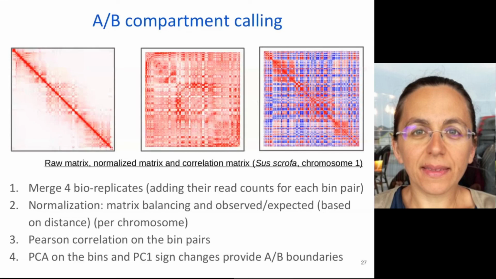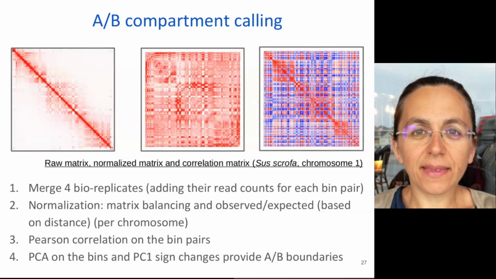We obtain the matrix in the middle, and then we compute A and B compartments a bit like how it was done in the ITC software, which simply does the Pearson correlation on the bin pairs, and then a PCA on the bins of the correlation matrix. The sign of the first PC will indicate a boundary between A and B compartments when it changes.